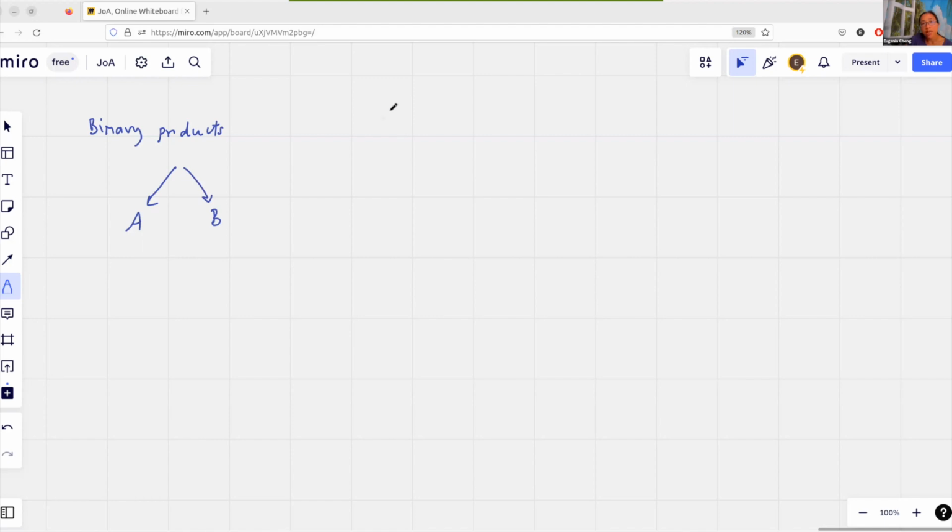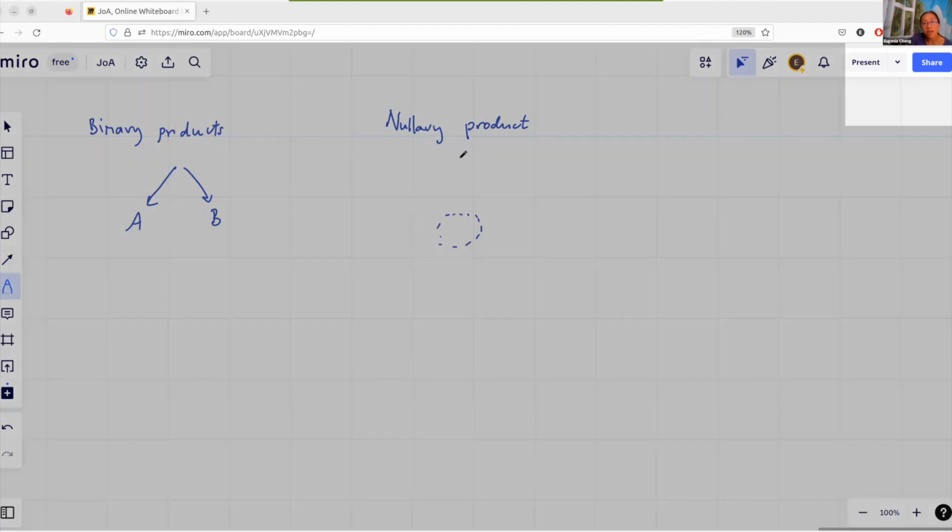So if we had a nullary product, what would that be? I've just realized that it's a terminal object that's a product, and the initial object is a coproduct. So anyway, I'll plow on. The nullary product is a product over zero objects. So there are no objects here, but we still have a vertex.